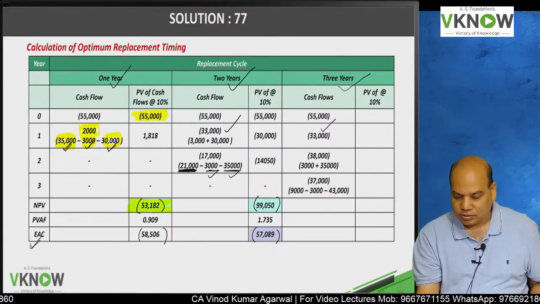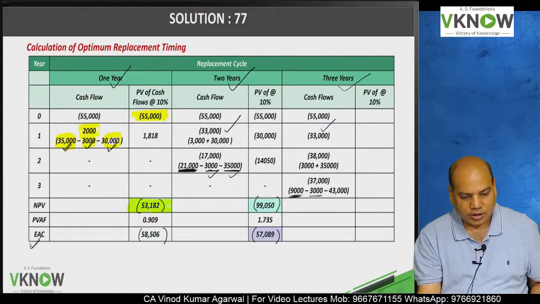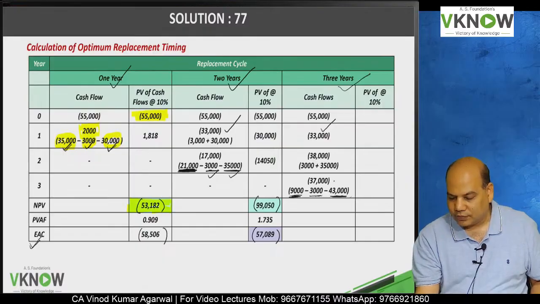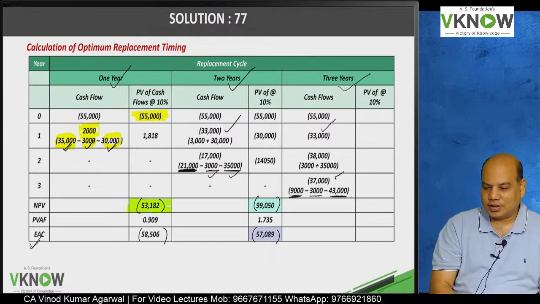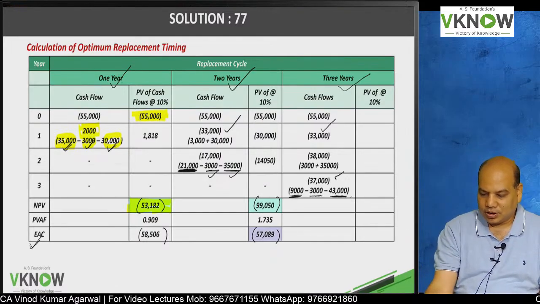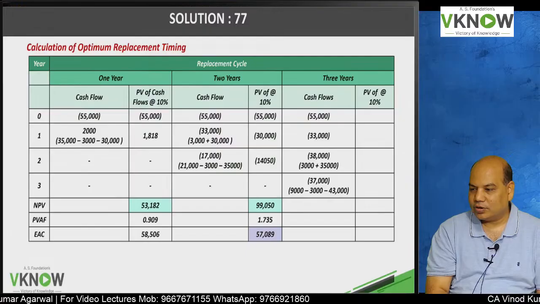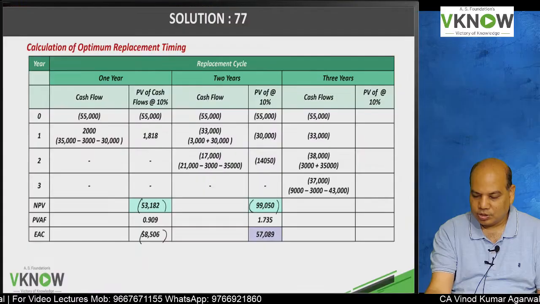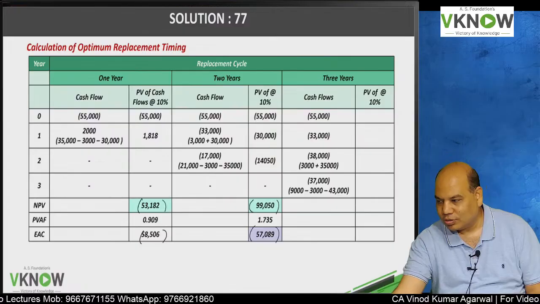And in year 3, salvage value minus road tax 3,000 minus petrol repair maintenance 43,000, net outflow 37,000. So my learned students, please give me the answer of the last column. I am waiting for the answer in the last column. Unless you give the answer, I am not going to move forward. I will wait, but I will not go ahead.